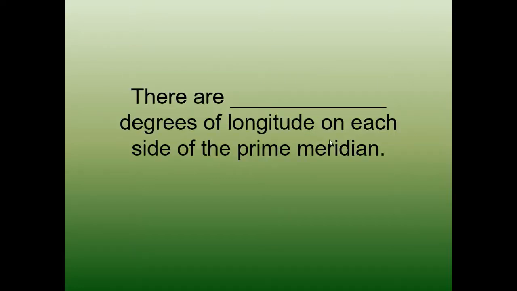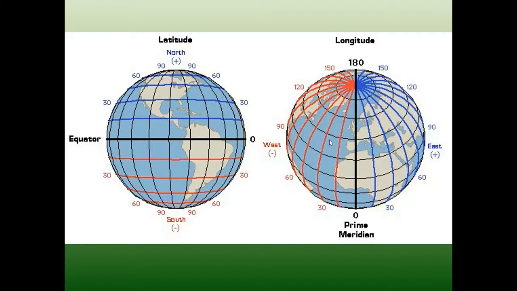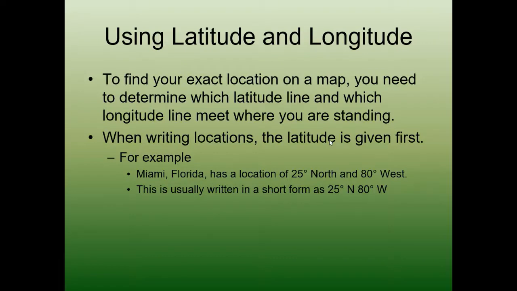And where we could go up to 90 degrees, that right angle, with latitude, halfway around a circle here, we can get to how many degrees? 180. All right. So here's, again, back to our picture there. To find your exact location on a map, you need to determine which latitude and which longitude meet where you are standing, where you're at.